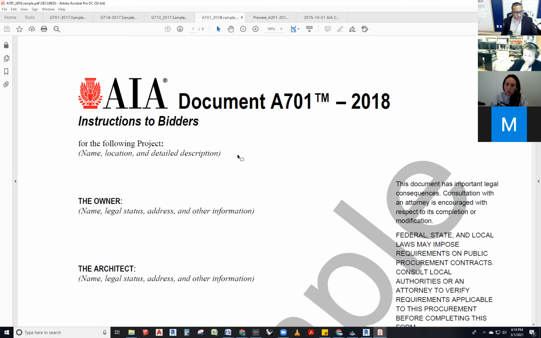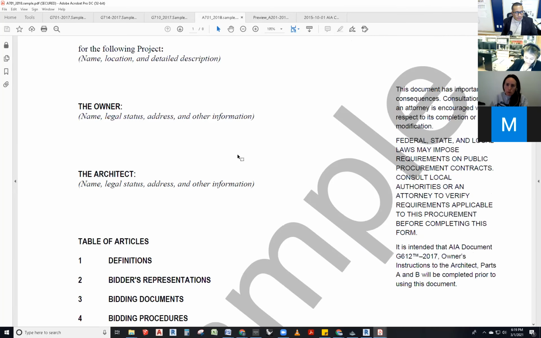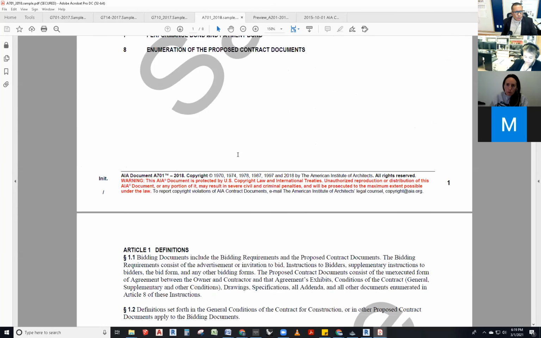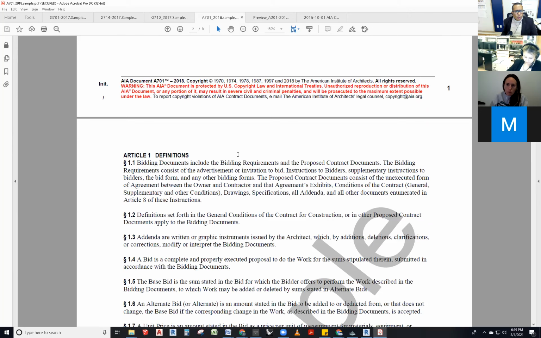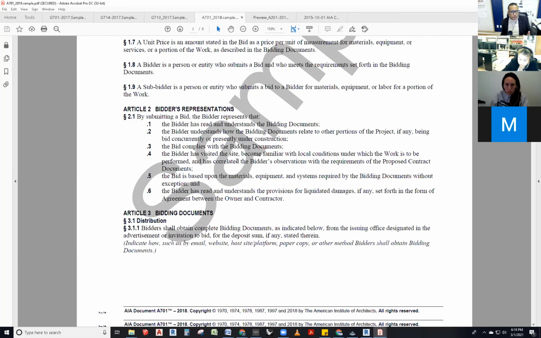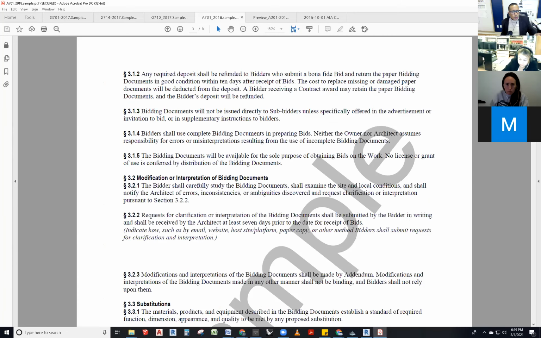So this one is represented by the owner and the architect, and it just really starts telling them the rules of the game to which they must abide in order for the proposal to even be considered. Like any requirements, bidding requirements, anything that we want them to take under consideration. And there's some standard stuff, and there's some other things we could add to it.